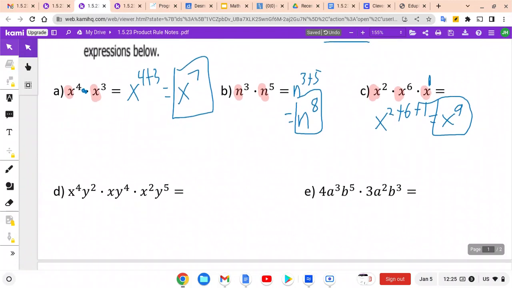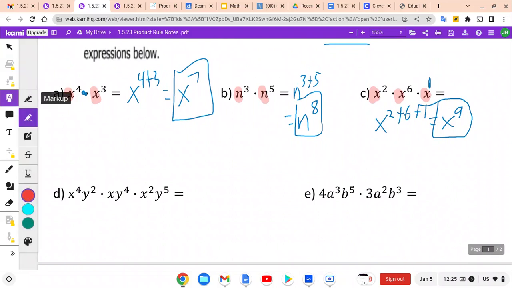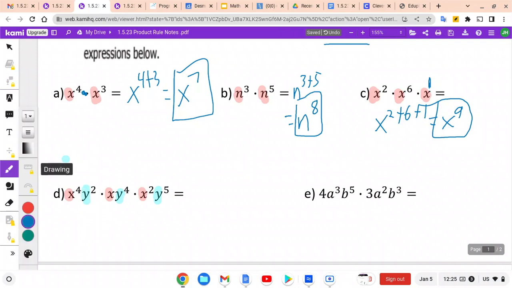All right, so on D, we have two different variables, so I'm going to color code to distinguish between the variables. Kind of being contrary. All right, so I'm color coding just to help me understand.